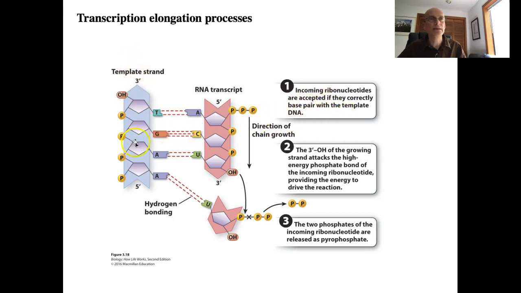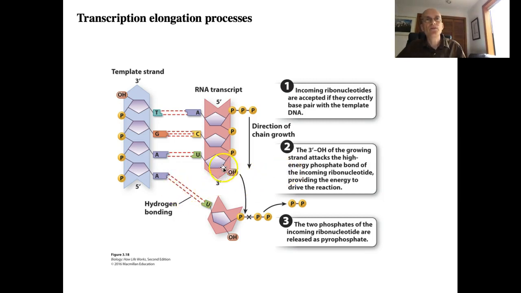So if this is our DNA template strand, there has to be a check, and that's the RNA polymerase that does the checking. It checks if this is the correct formation of the A with a U or G with a C. And of course, here you see the hydrogen bonding.